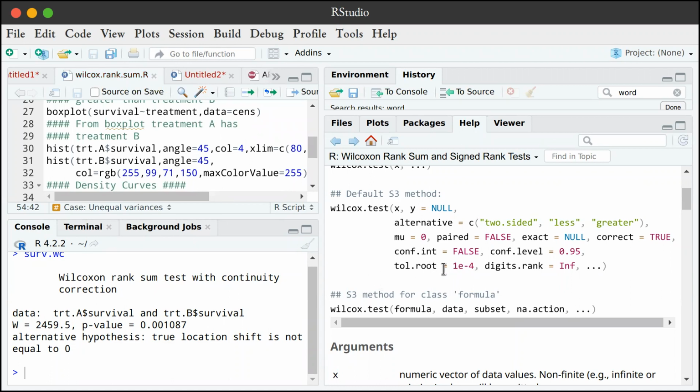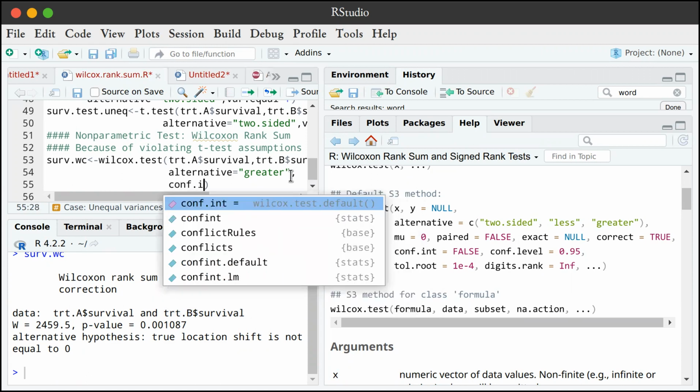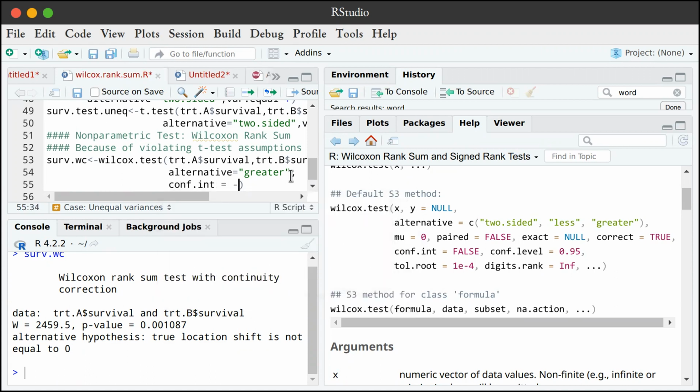Here it doesn't give you a confidence interval, so I'll throw that in too. Confidence level 0.95. Tolerance and all that stuff, it's computational. You needn't worry about it.